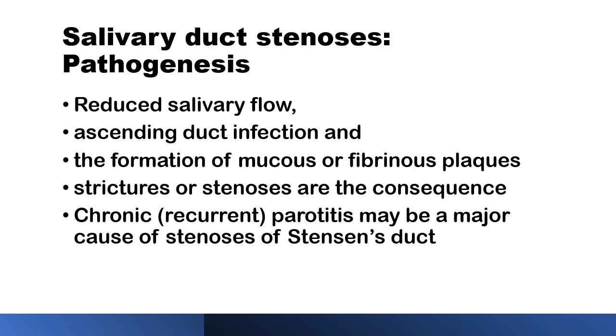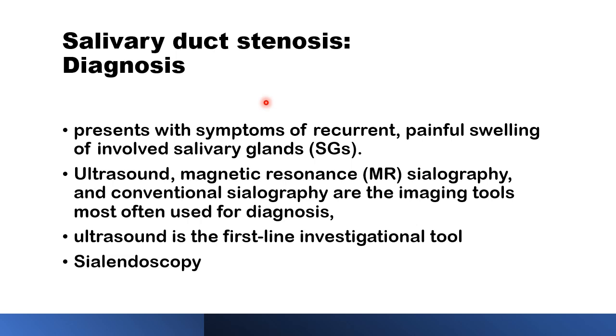The diagnosis rests primarily on the presentation of recurrent symptoms of painful swelling of the involved salivary gland, particularly at mealtime, and from time to time acute inflammation of the gland.